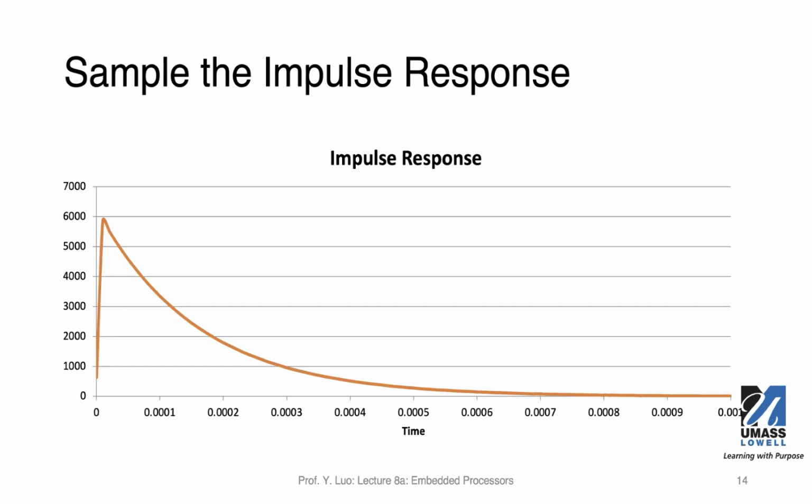Now, I want to make it clear that what we want to do using a processor is, instead of using analog circuitry, to apply a similar operation on this input signal.